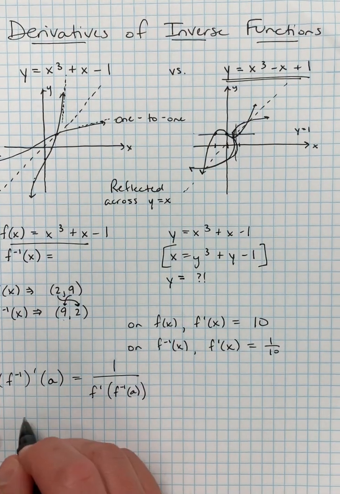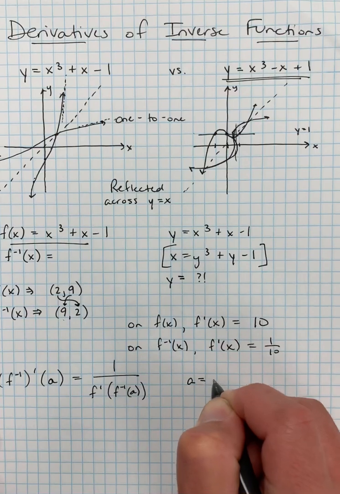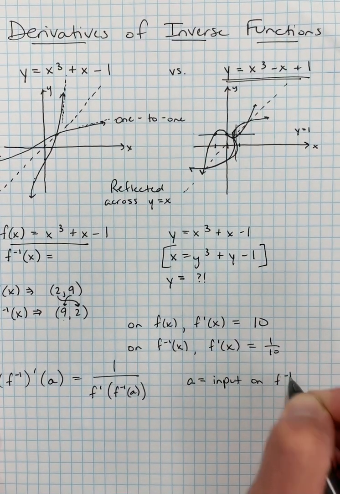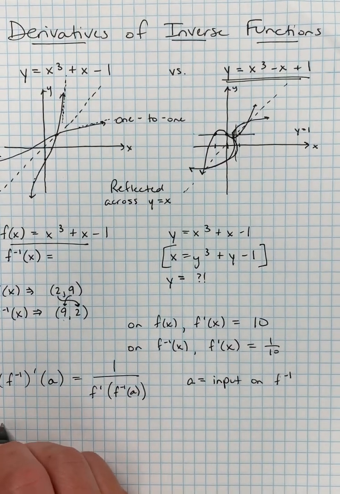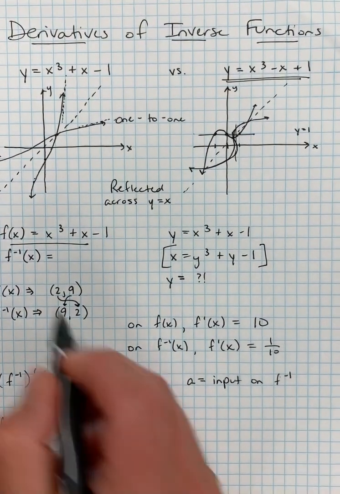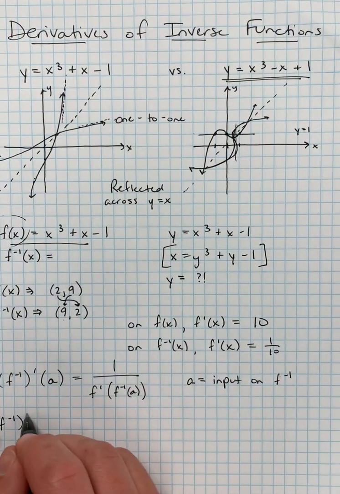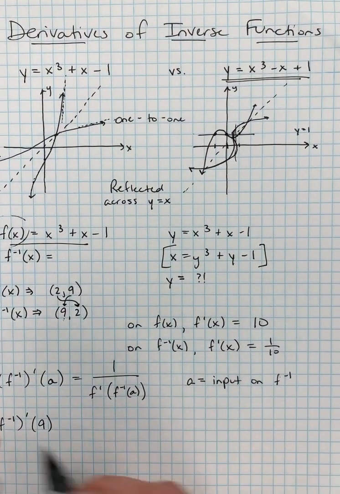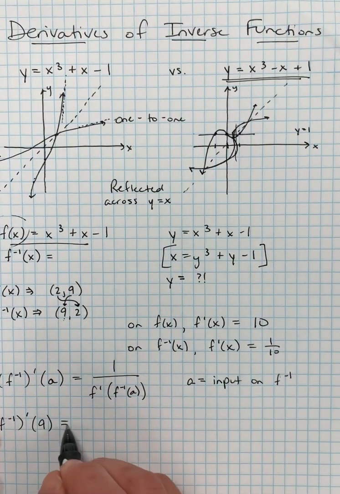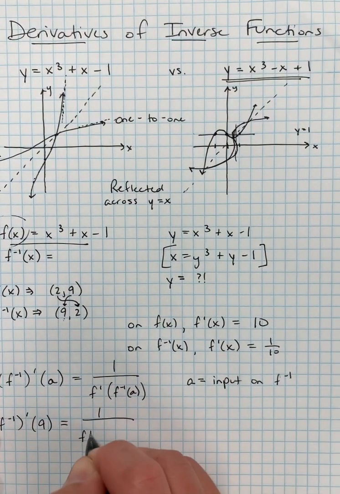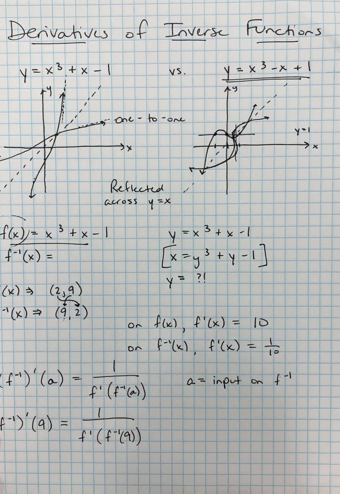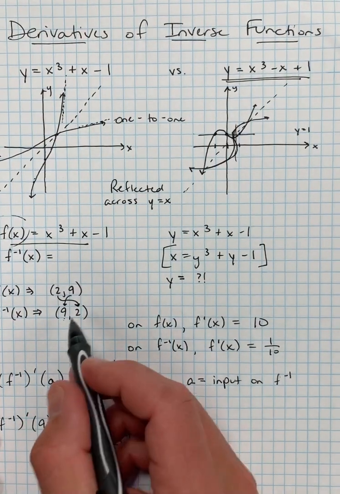In all cases, a is going to be an input on the inverse. So here I want to find, using this f of x, the derivative of the inverse at 9. Well, that's equal to 1 over the derivative of f at the inverse of 9. So the first thing I need to do is evaluate the inverse at 9. Well, since I know 9 is an input.